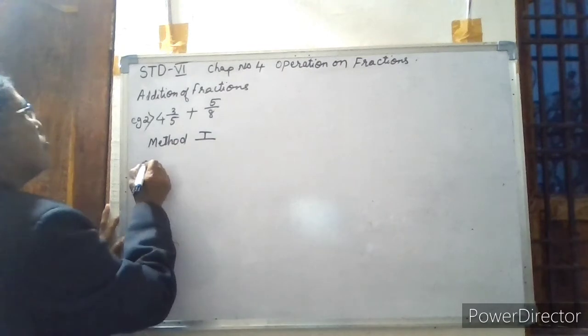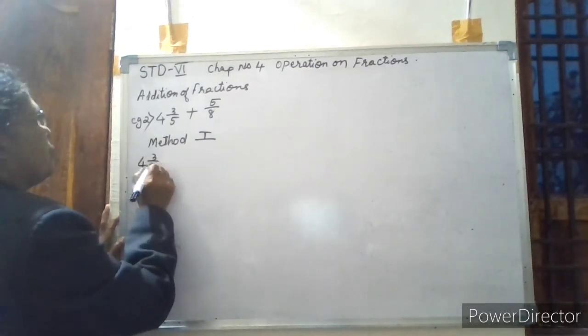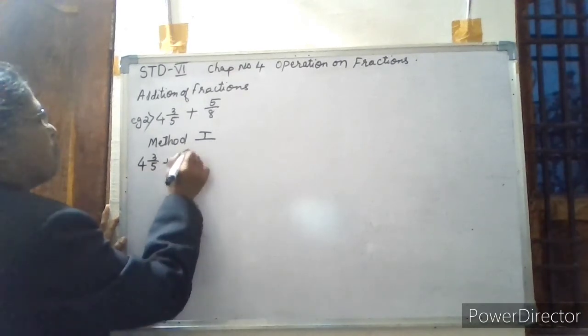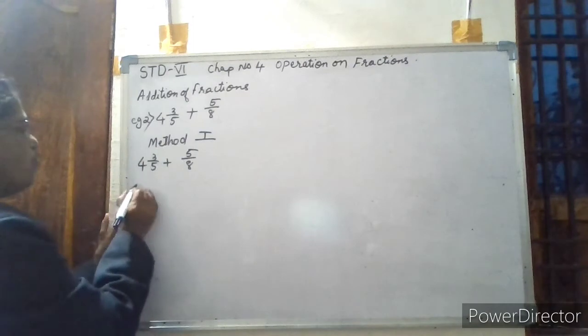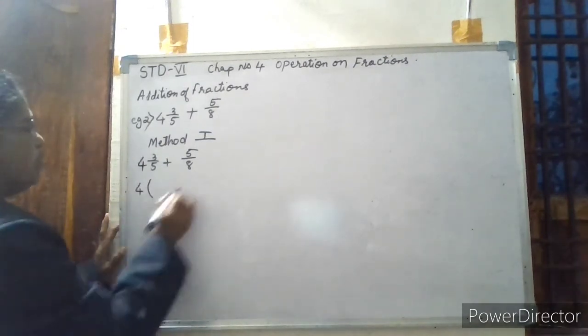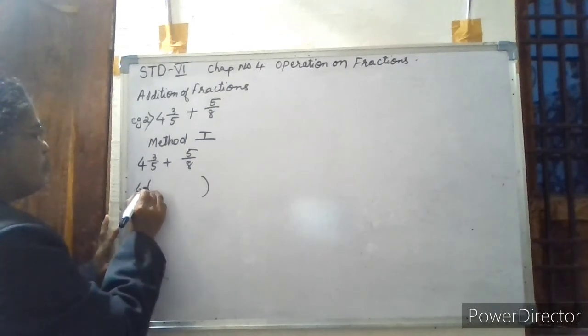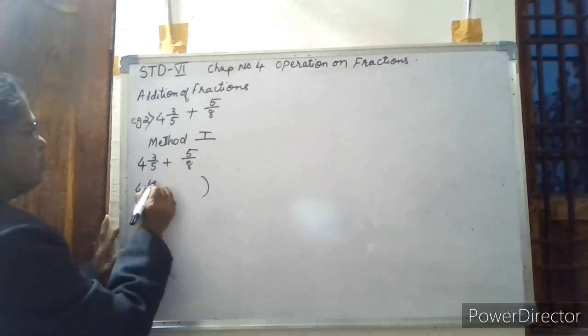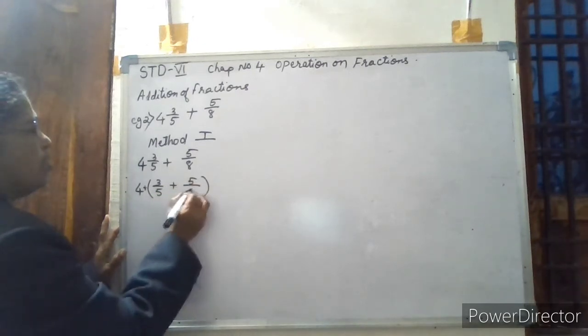So here I will write down the question: 4 3/5 plus 5/8. Only 4 will remain here. In the bracket, whole number 4 comes out, plus 3/5 plus 5/8.